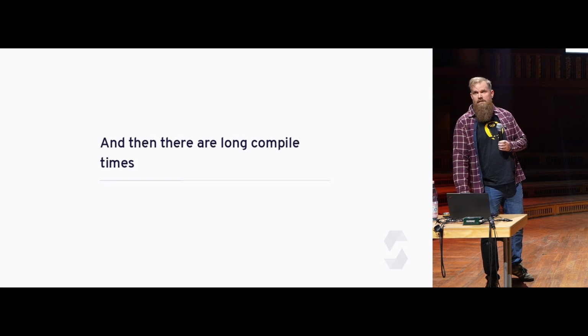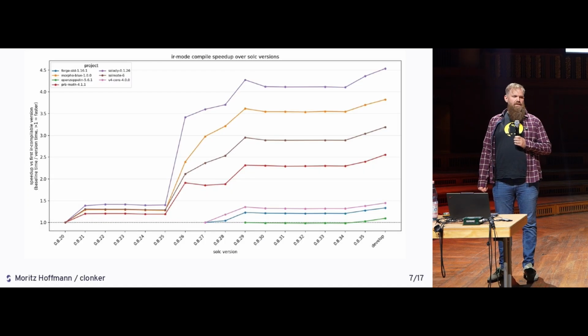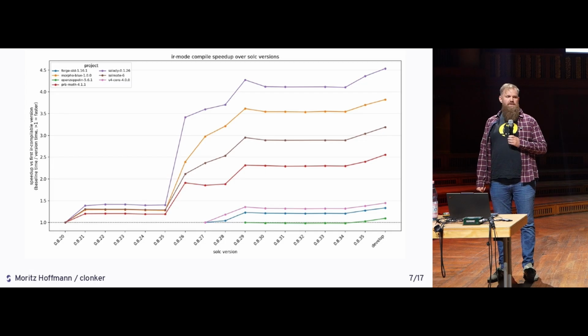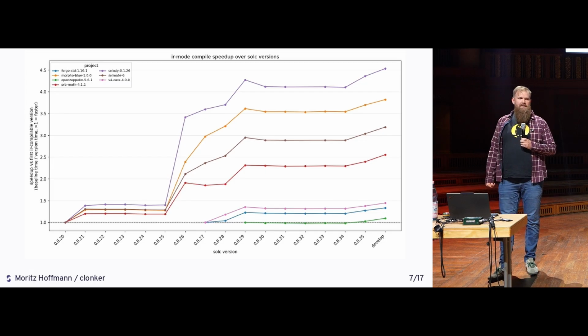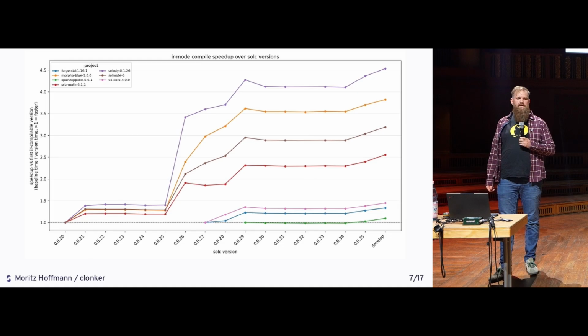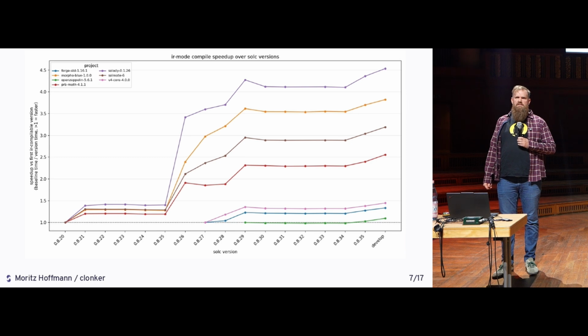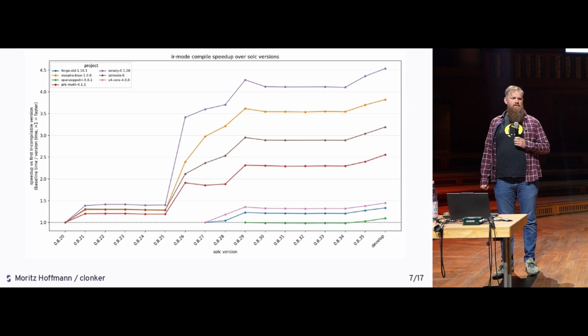And then, I also alluded to it in the beginning, we have long compile times. So here's a little bit of a historical view on it over a couple of projects. I don't want to go into too much detail, but on the x-axis, you can see the last couple of releases, so 0.8.20 through 0.8.35 plus the current development version. 0.8.20 was in 2023, if I'm not mistaken.